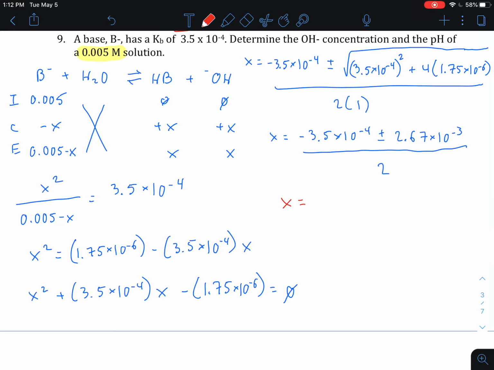If we just want the positive root, we can figure that out. And I got 1.16 times 10 to the negative 3.